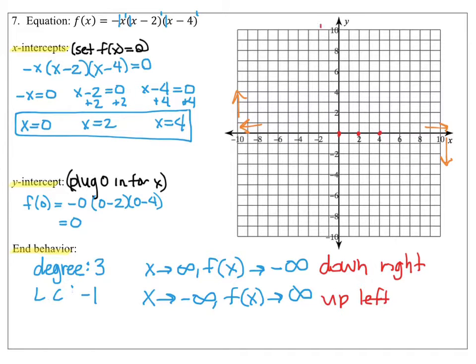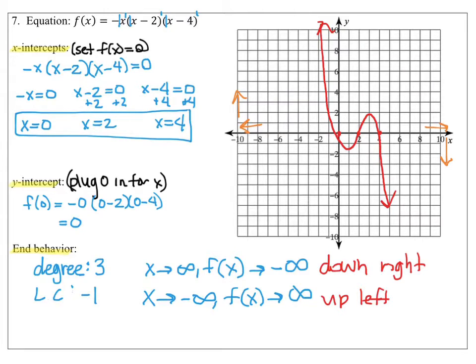So I have to come from the top. Because all of these have a multiplicity of 1, I'm going to cross through the x-axis at the root. I have to go back up to my next x-intercept and then go down. And that is what my graph looks like.